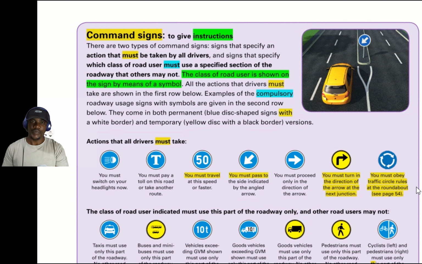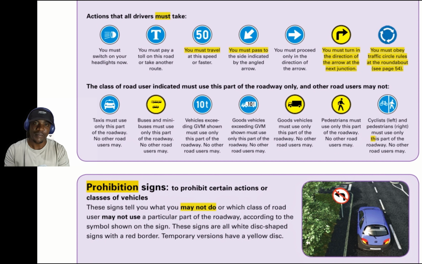And it's not just to impress or to please the traffic officers who are overseeing us on the road, but it's for your safety. It's for the safety of other road users, and so on. Remember that. That's why we need to get to know these signs thoroughly, and then apply them.